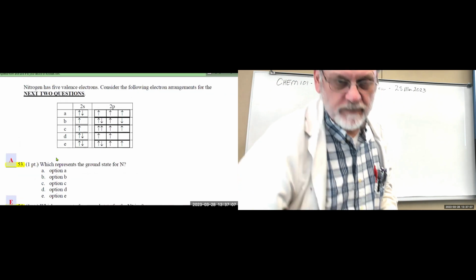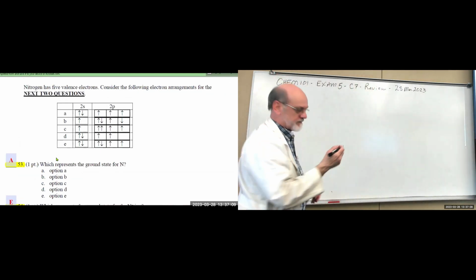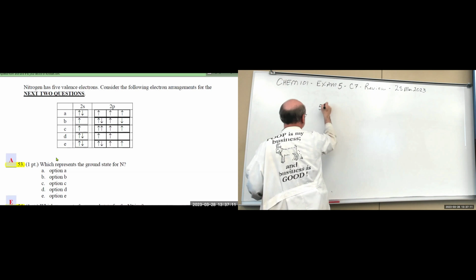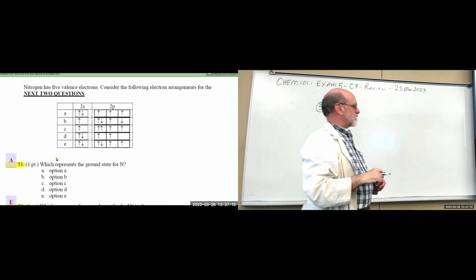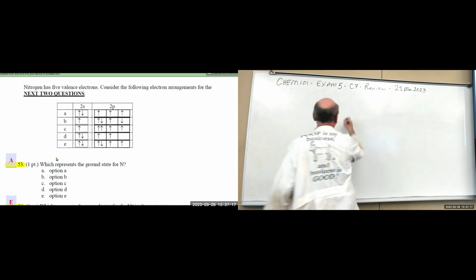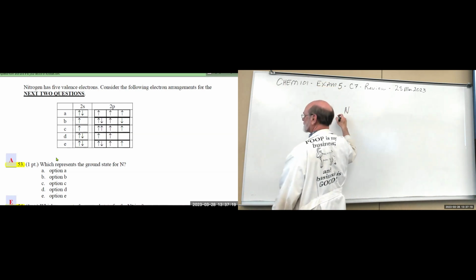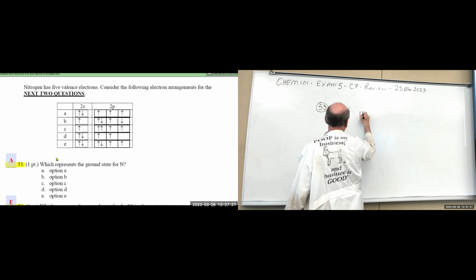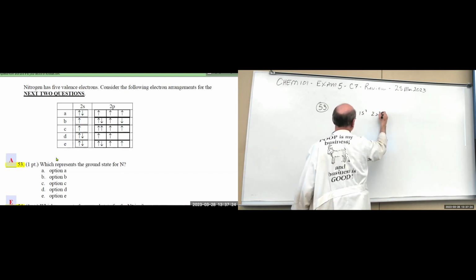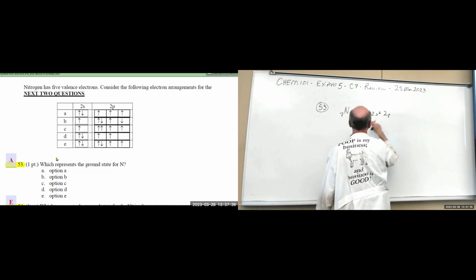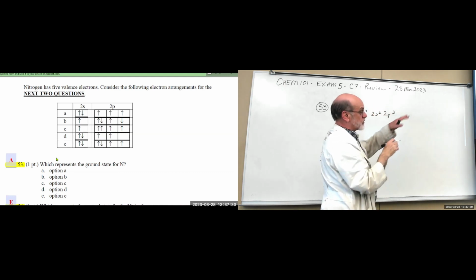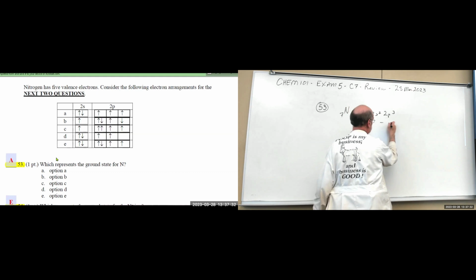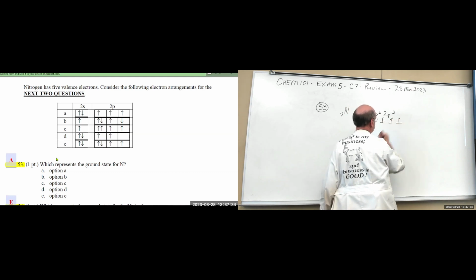Okay, we need that diagram to answer the next one, 53. Which represents the ground state for nitrogen? So let's say nitrogen has 7. So it's 1s2, 2s2, 2p3. And they're also showing suborbitals. So 1, 2, 3 means like that, like that, like that.